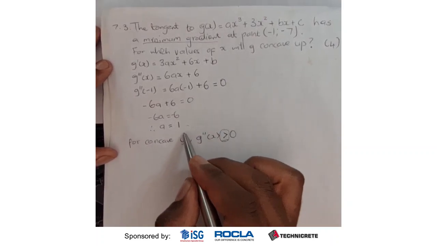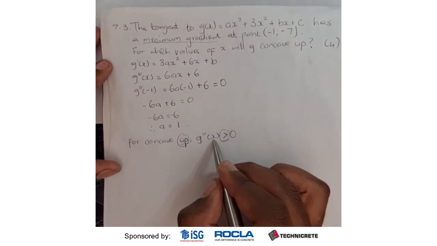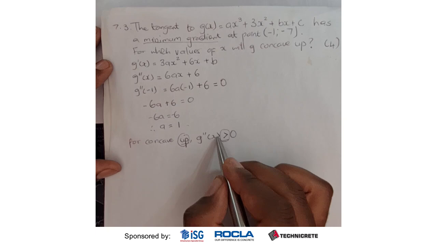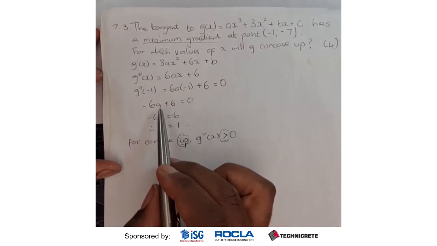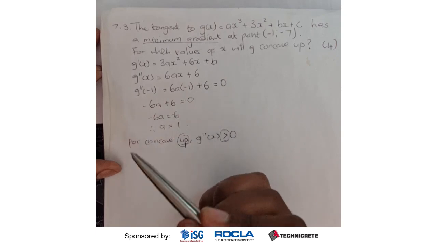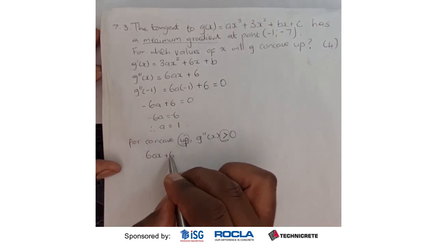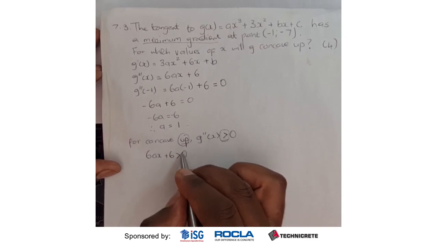Right. Now we already have our g double prime of x, which is 6ax plus 6. So we have 6ax plus 6 greater than 0.